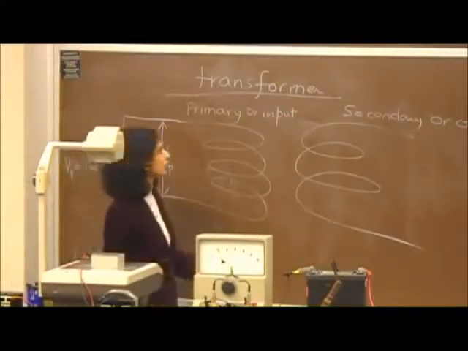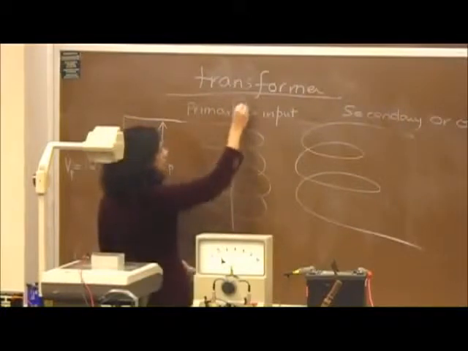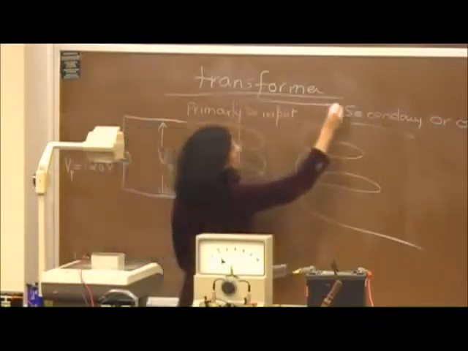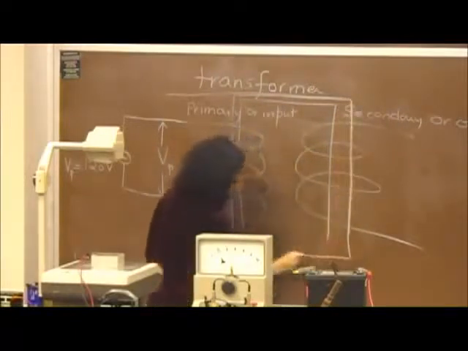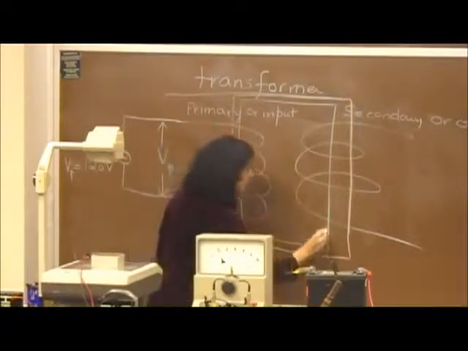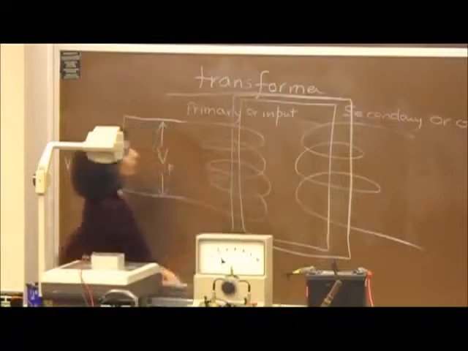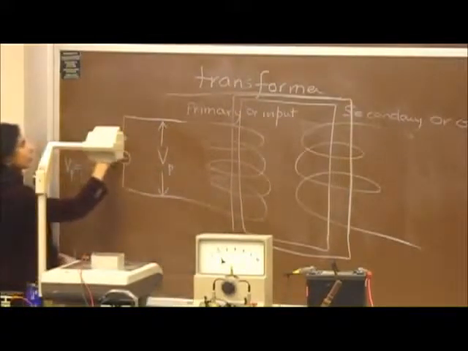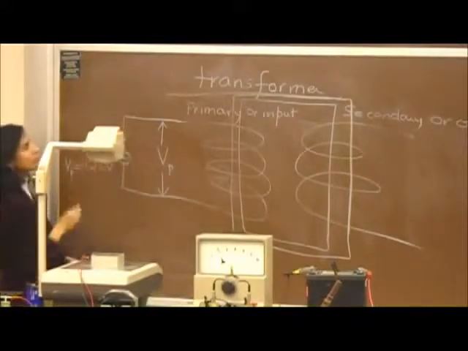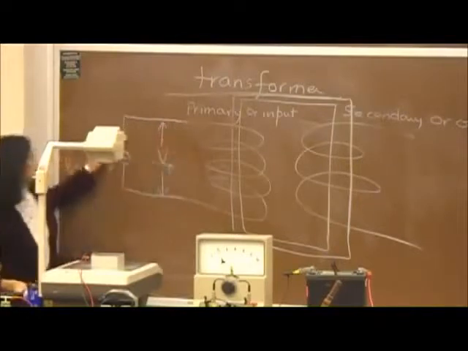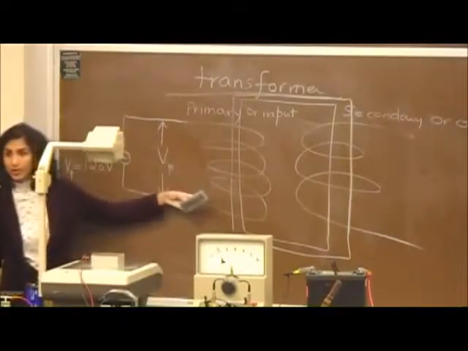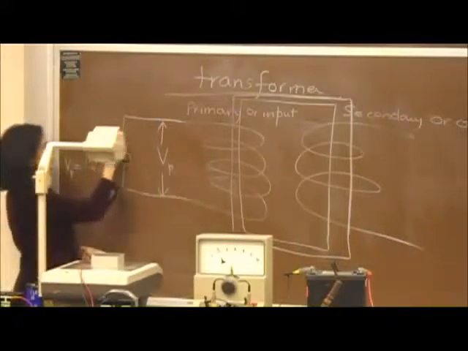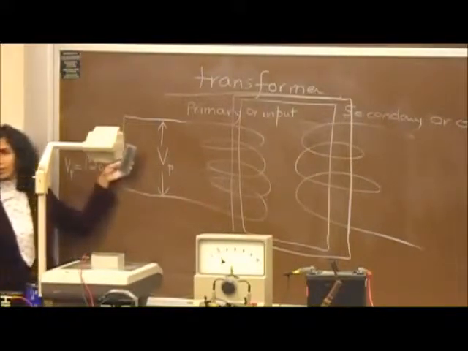Now what we are going to do is use an iron core to make sure that as much as possible the magnetic flux that is passing through the primary coil, if I close the switch here, think about it this way, this is the input of the primary. As soon as I close the switch, this is my power supply in my house.